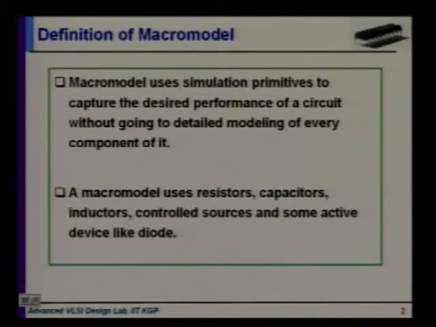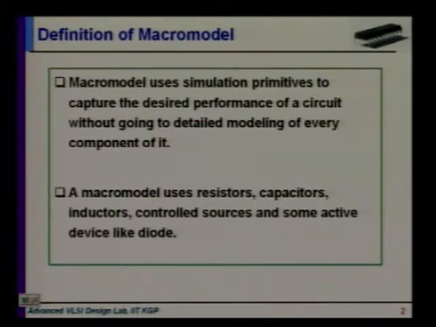So first of all, what is the macro model? A macro model is constructed of some ideal components, that is resistor, capacitor, and some control sources, and a few active components like diodes. What you have designed in your two-stage op-amp is all transistor level design, all process specific.